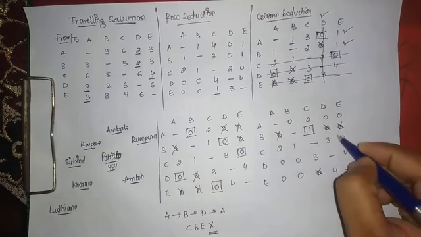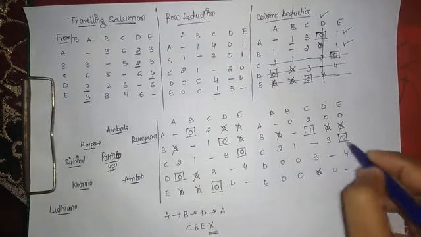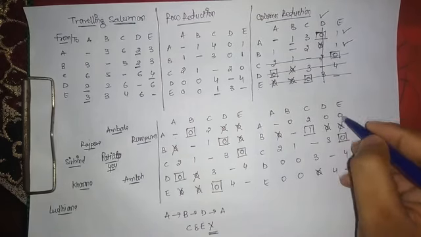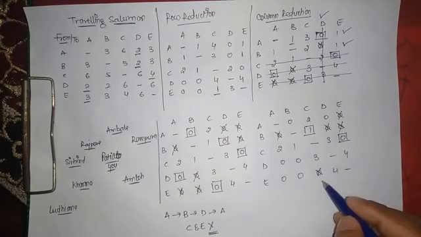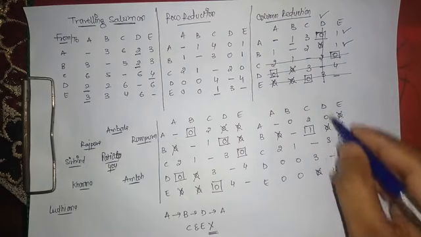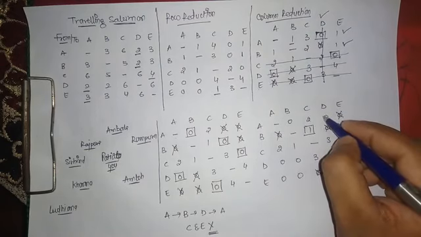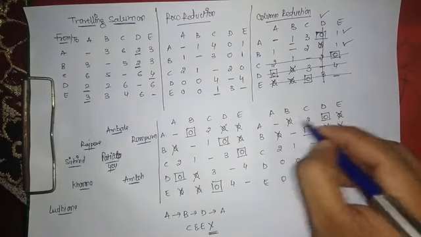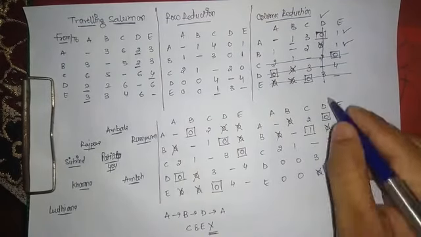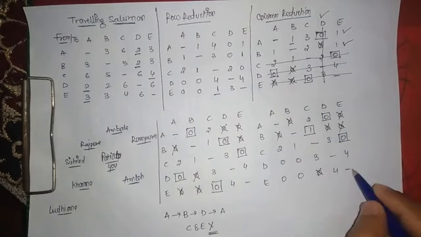Third row, yes, there is a single 0. We are going to cross every 0 corresponding to that assignment. Third row, third column, fourth row, fourth column: is there any single 0? Yes. We can make an assignment, and we are going to cross every single 0 corresponding to it. Fourth column has been done. Fifth row, fifth column, done.